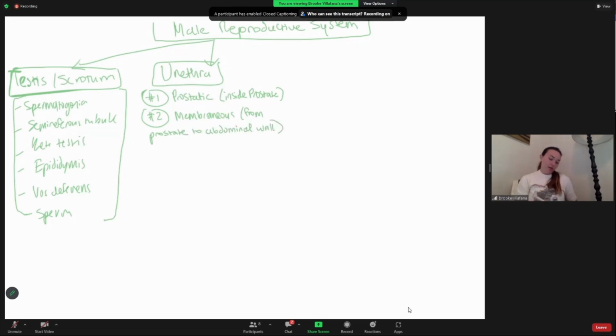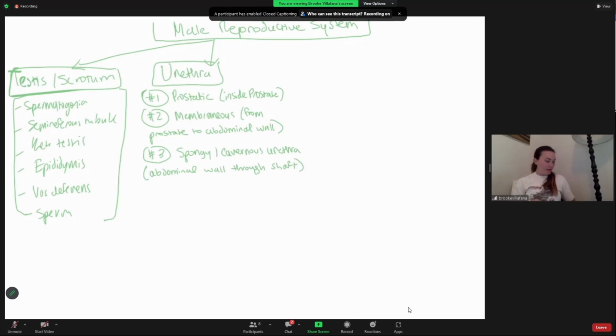That's the membranous urethra. And then the spongy or cavernous urethra would be from the abdominal wall through the shaft of the penis, right? Through the shaft, and obviously it would end at the urethral orifice.